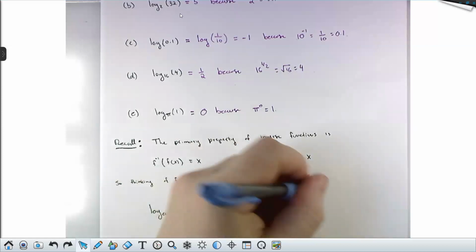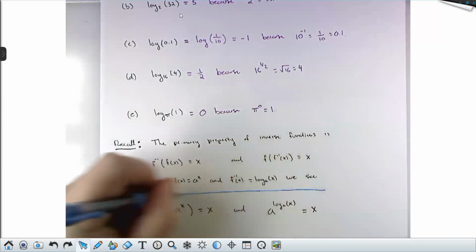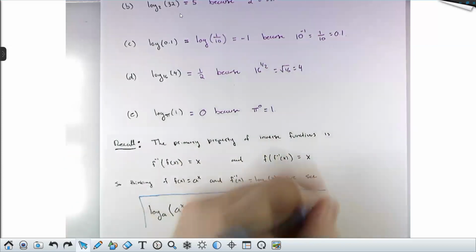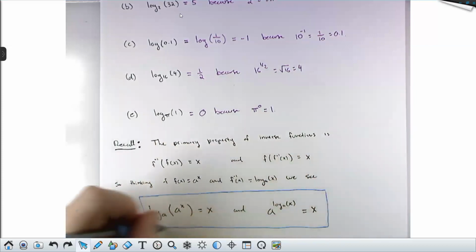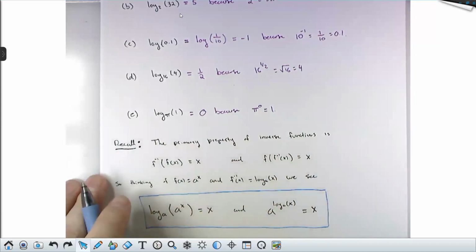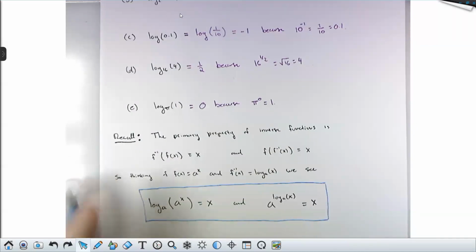I'm going to put this in a box also. These are the properties that we use to solve exponential equations and logarithm equations. I use this fact to solve exponential equations, and I use this fact to solve logarithm equations, and we will see that in a minute.